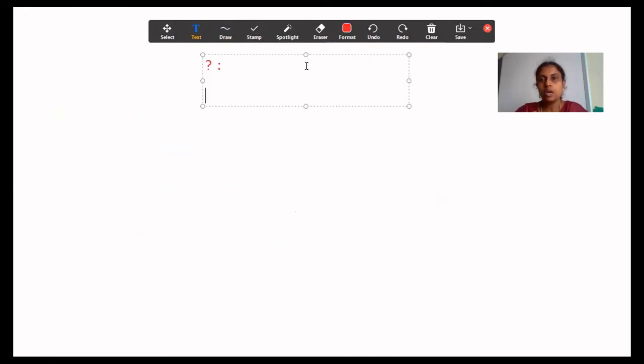So how to use it? You need to give a condition. If the condition is true, then give a question mark. If the condition is true, statement 1 will be executed. Otherwise, statement 2 will be executed.